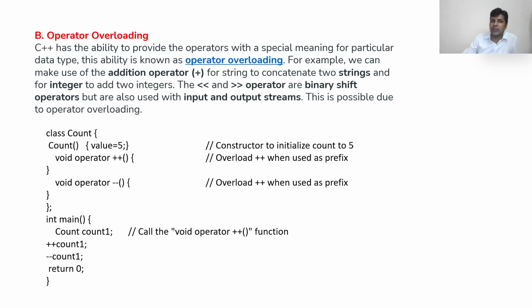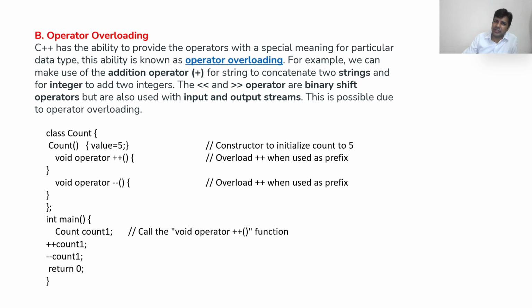So here: void operator plus plus, void operator minus minus. Count is a class name and count1 is an object. When I add plus plus before the object, that is, as a prefix, it will automatically call this one. And when I say minus minus, it will call this one.